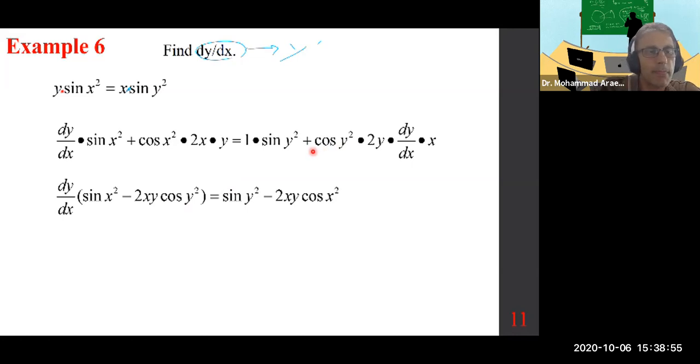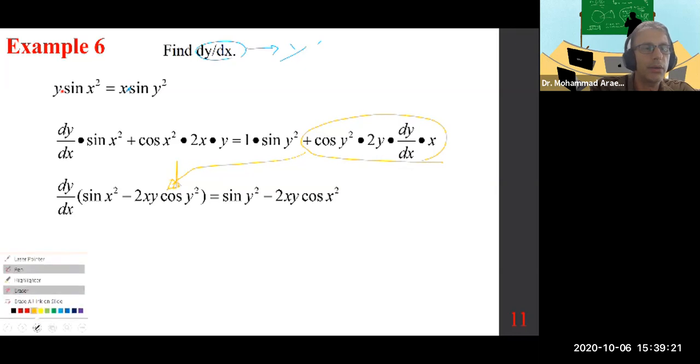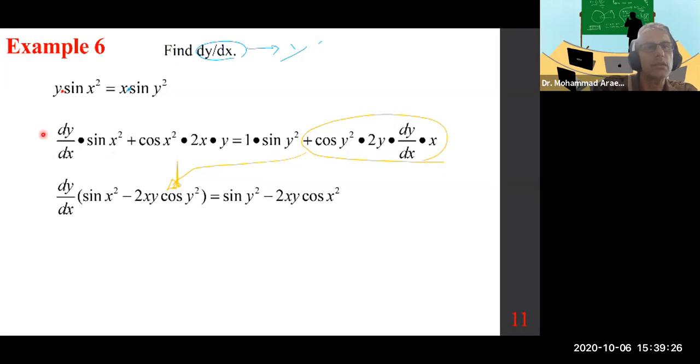This part, and you factor out the dy dx, it's negative 2xy cosine y squared. Now, sine y squared, and then you're going to move this one, becomes negative. My apologies, this one becomes negative.